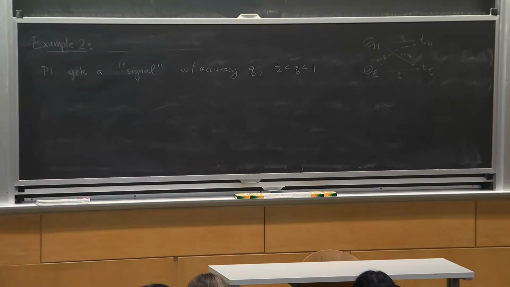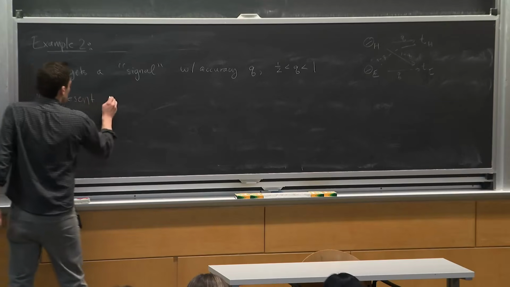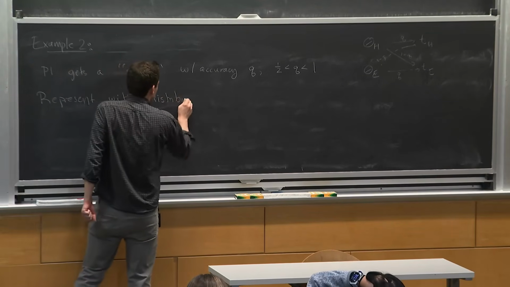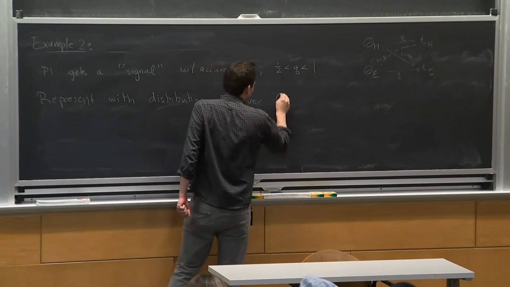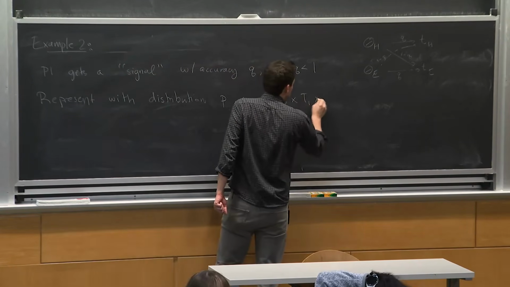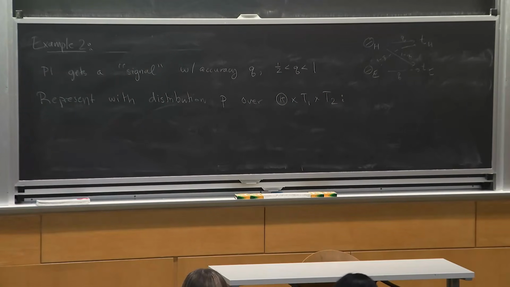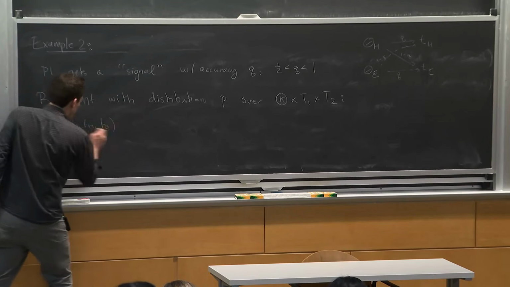So now let's represent this with the distribution P over theta cross T1 cross T2. What is it going to be? Let's write it down. Again, we have theta h, th, t0.